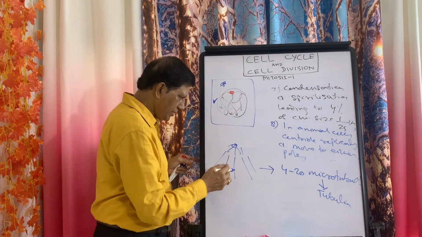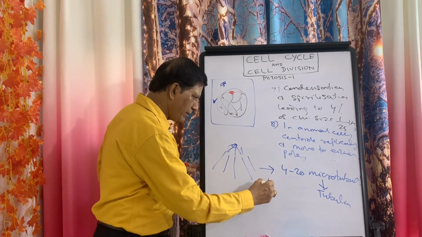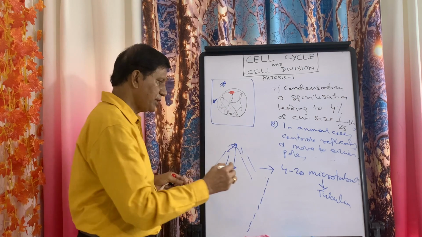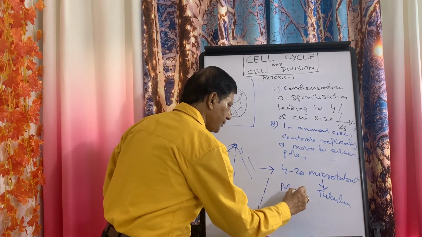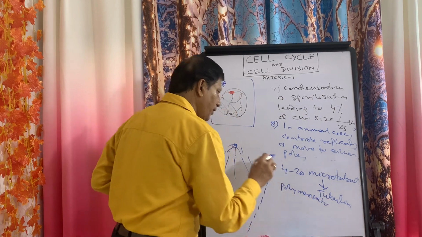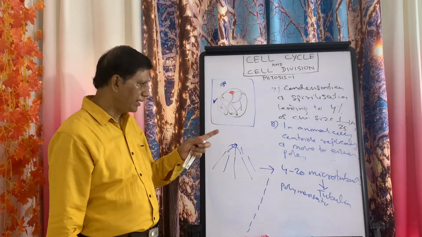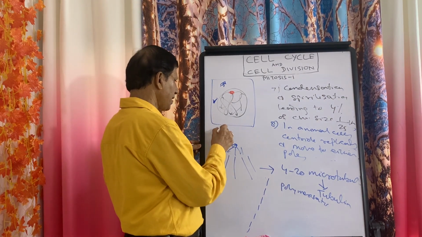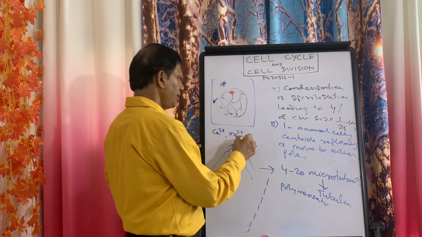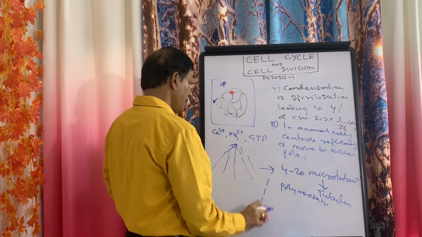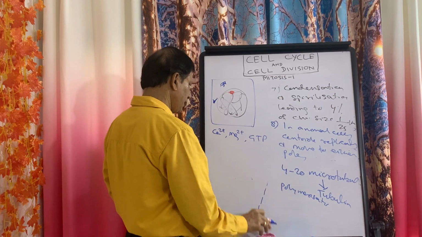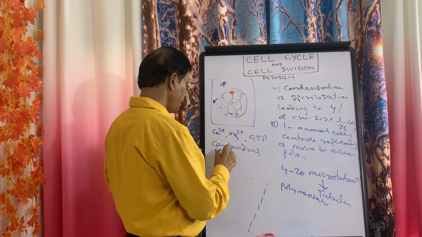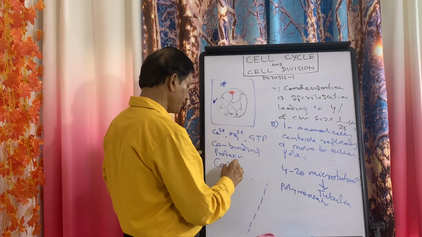So this is a spindle fiber. This spindle fiber is formed by these microtubules like this, by the process of polymerization. But for this polymerization of the microtubules in spindle fibers, it requires some important things: calcium, magnesium, GTP, and the calcium binding protein calmodulin.